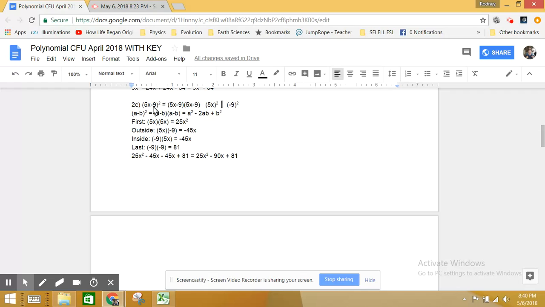And then in the middle, we'll have 5x times negative 9 and negative 9 times 5x. Well, that's just the same as 5x times negative 9. So really, I have a couple of these. I'm going to rearrange that so you can see it.